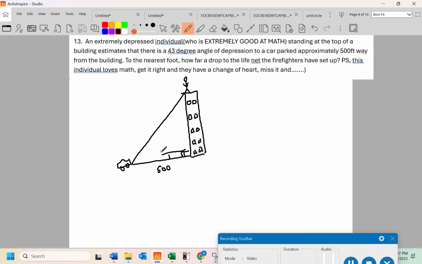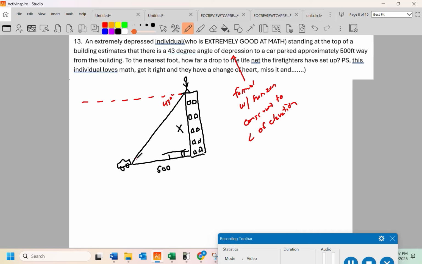I want to know how tall the building is. Now, this dude who's good at math has decided that there is a 43-degree angle of depression. And angles of depression are formed with the horizon. And they are also congruent to angles of elevation.